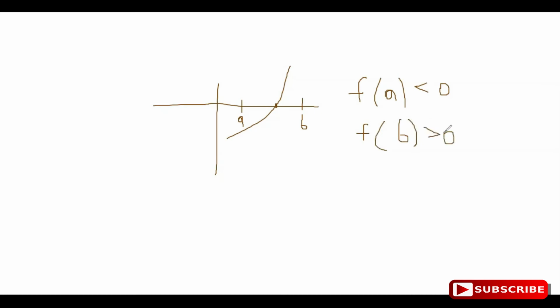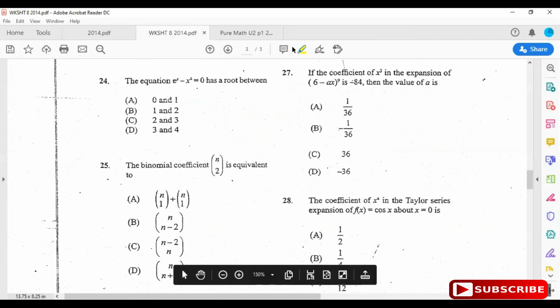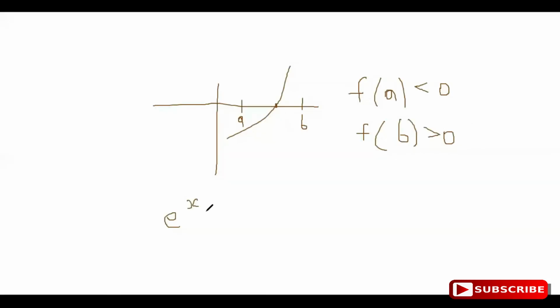In this case, they gave us the function e to the x minus x to the 4. So we have e to the x minus x to the 4 equal to 0. There are two ways you can do this question.